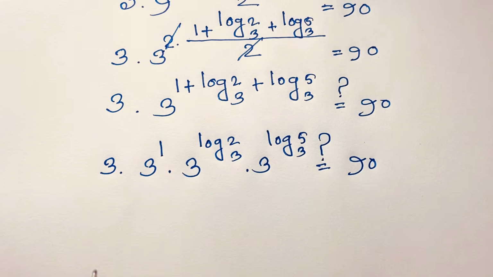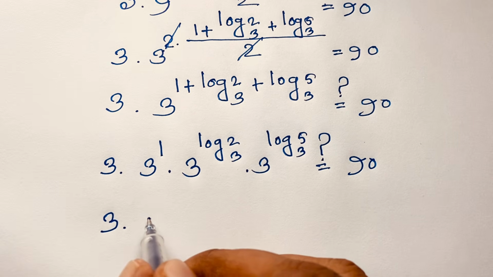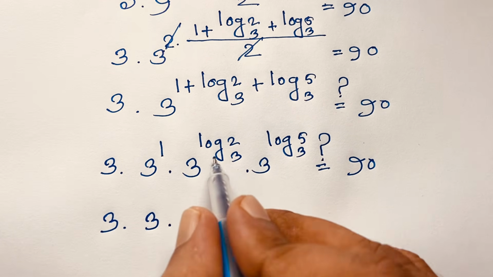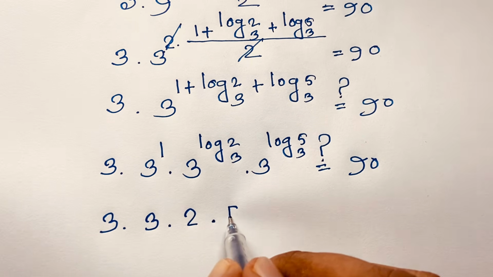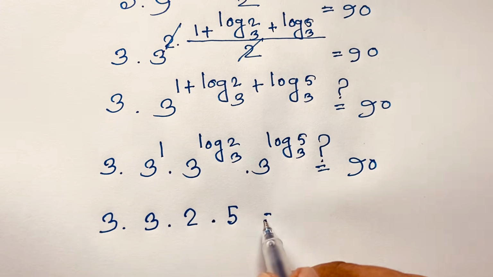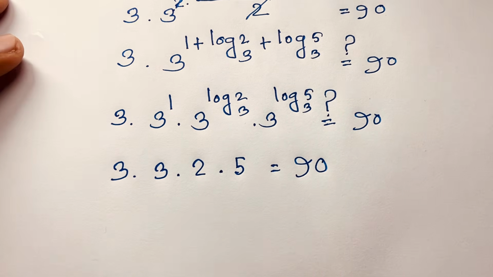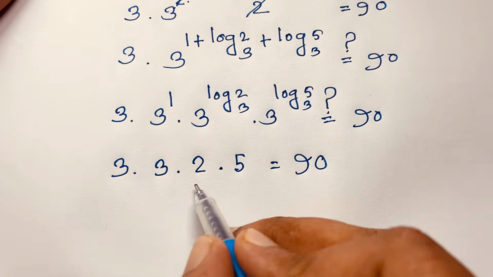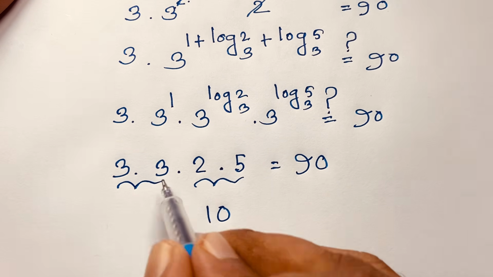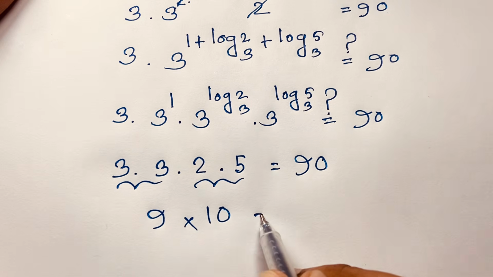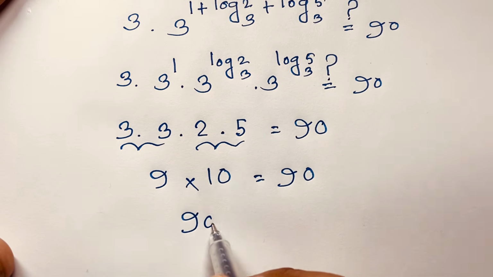Then at this moment, 3 to the power log 2 base 3 is 2, and 3 to the power log 5 base 3 is 5, according to the natural log formula. Then 2 times 5 is 10, and 3 times 3 is 9. Then 10 times 9, this is 90, is equal to 90.